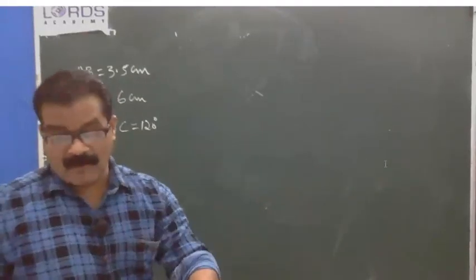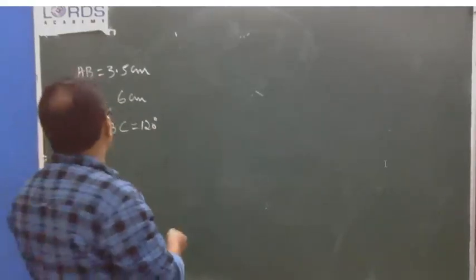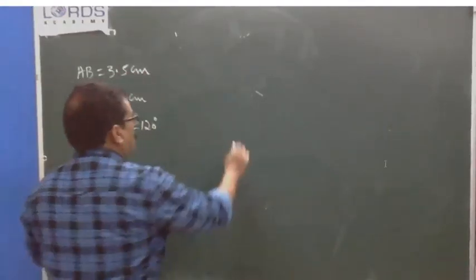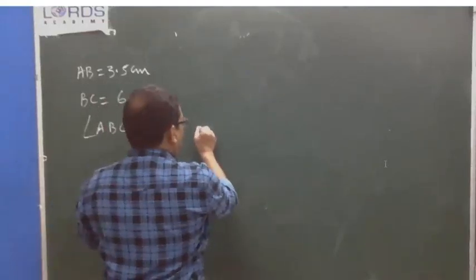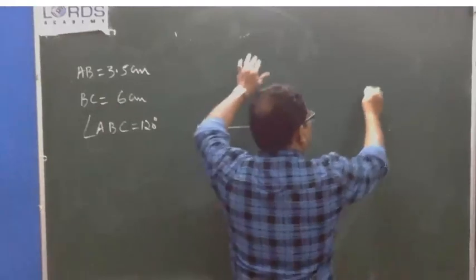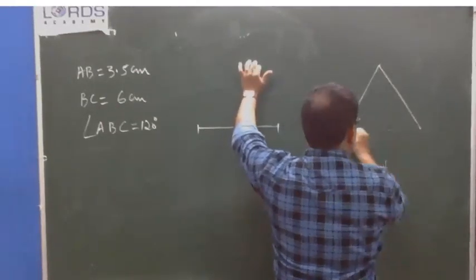First of all, construct the triangle ABC. First you draw AB. A rough figure you can draw first.